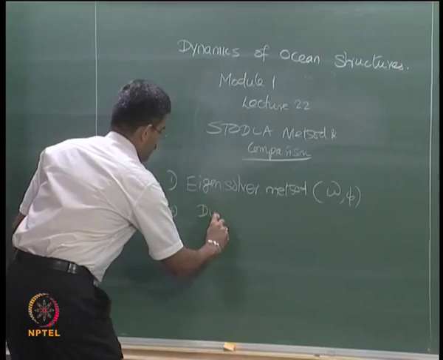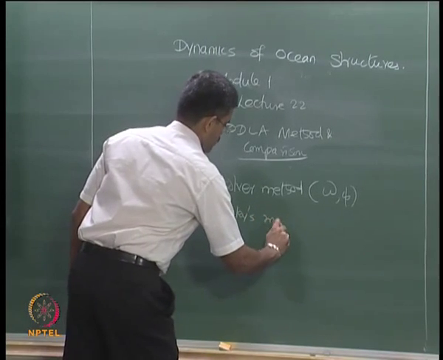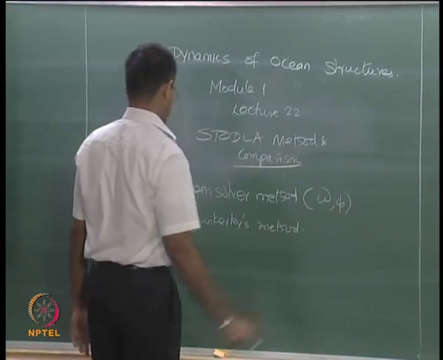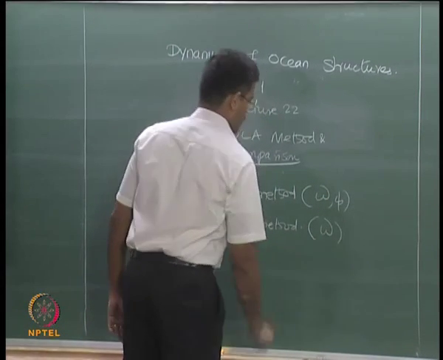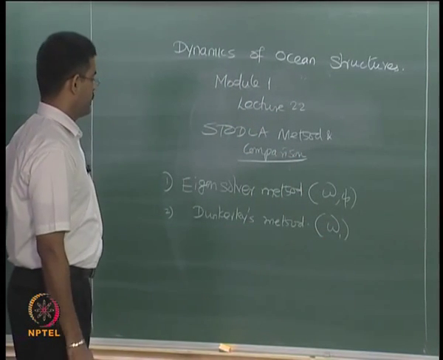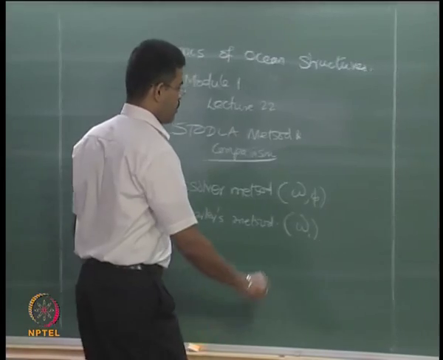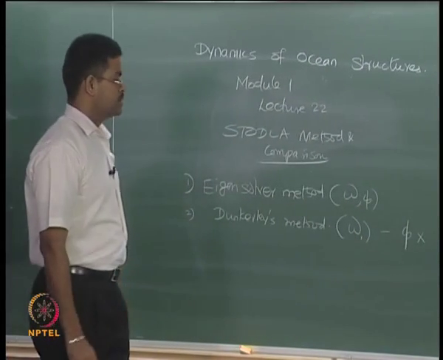We started with the oldest method, which is Dunkerley's method, which is capable of giving only the fundamental frequency. Let me put it as omega 1 here. It did not speak anything about the mode shapes, it was not capable of computing the mode shapes.